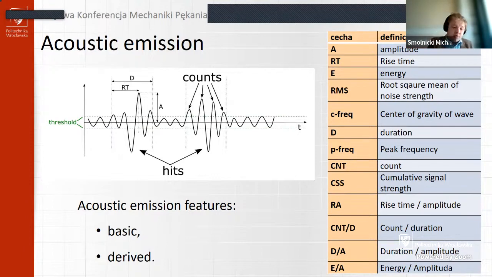So we have basic acoustic emission features that are directly taken from the wave, as you can see in the picture. And there are also derived acoustic emission features, which are calculated by subtracting, maybe doing some division or something like that, arithmetical procedures, and we have them to process.